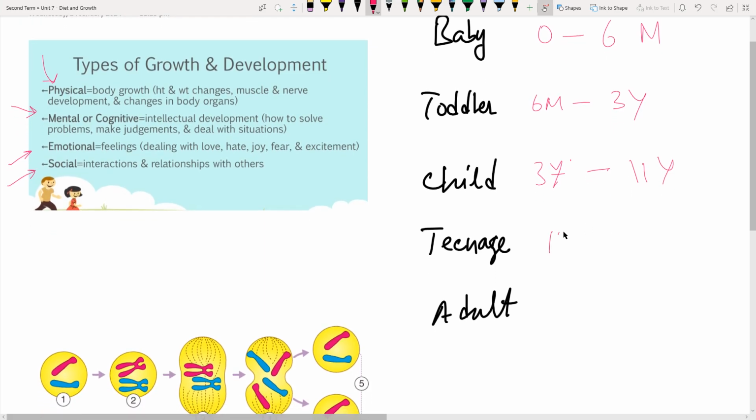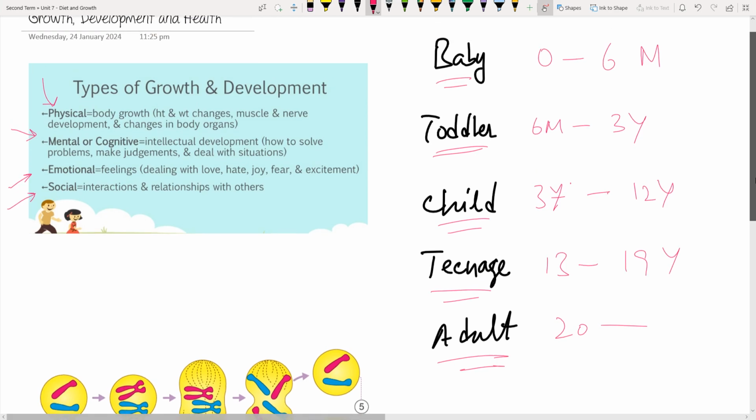And from 12 years, when the teenage starts, from 13 to 19 years, that is the teenage, and after 20 and onwards is the adulthood, right? So over the course of time, the dietary requirements change.